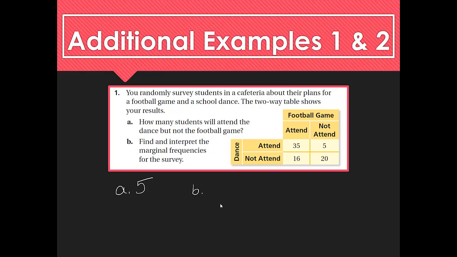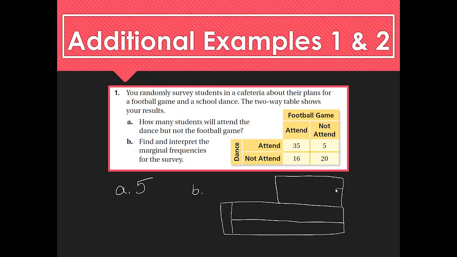So we first need to draw this table. So at the top we had football game, and then we had attend and not attend, and then we had a 5 and a 20.